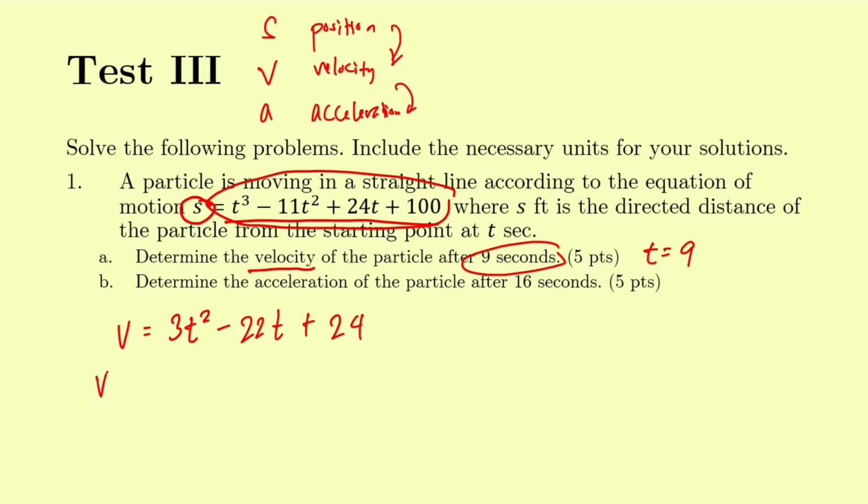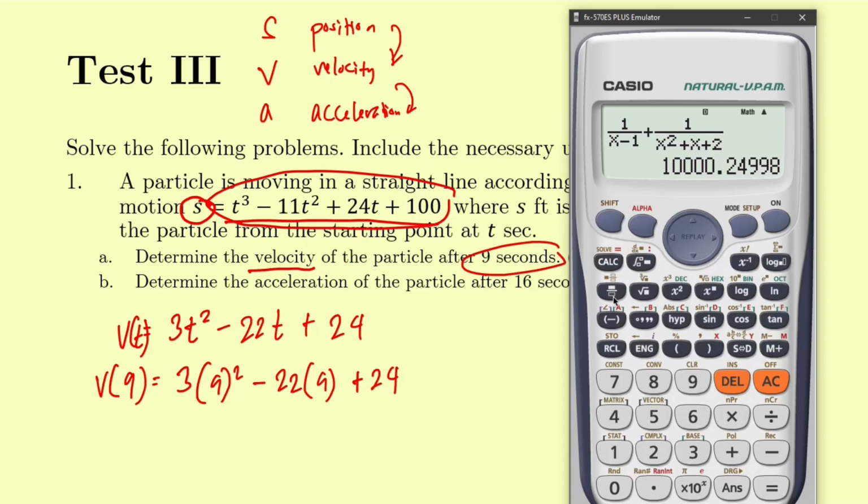So v of 9, actually v of t. V of 9 is equal to 3 times 9 squared minus 22 times 9 plus 24. If you're a bit lazy to do the computation, you can use a calculator here.